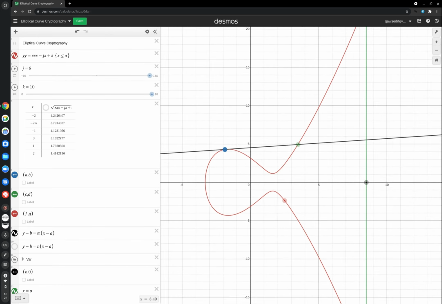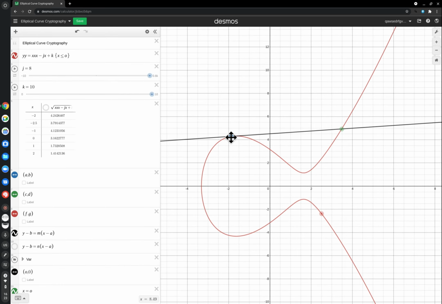So first, we need to find the tangent line of this. Let's pick this as our point for today. And we're just going to do how you do in calculus. You just make a point very close to the original.